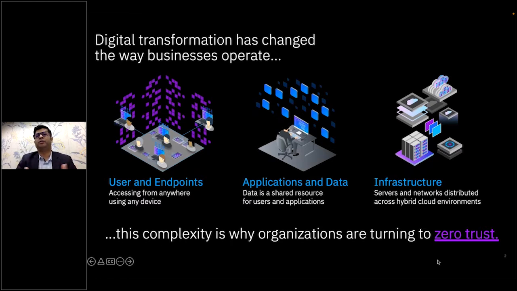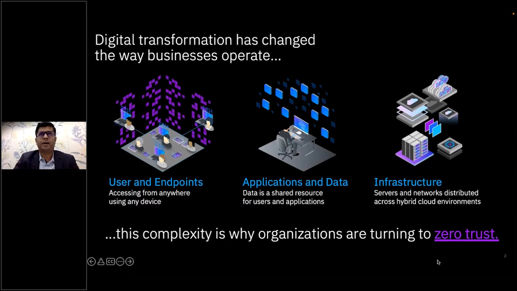Now we see different kind of users like employees, contractors, partners, customers coming from any device, trying to access from anywhere, and applications are moving to cloud. Data is exponentially growing. From an infrastructure standpoint, servers, networks are spread. So everything is basically spread across on-premise, cloud, and multiple cloud, so it's across hybrid cloud.